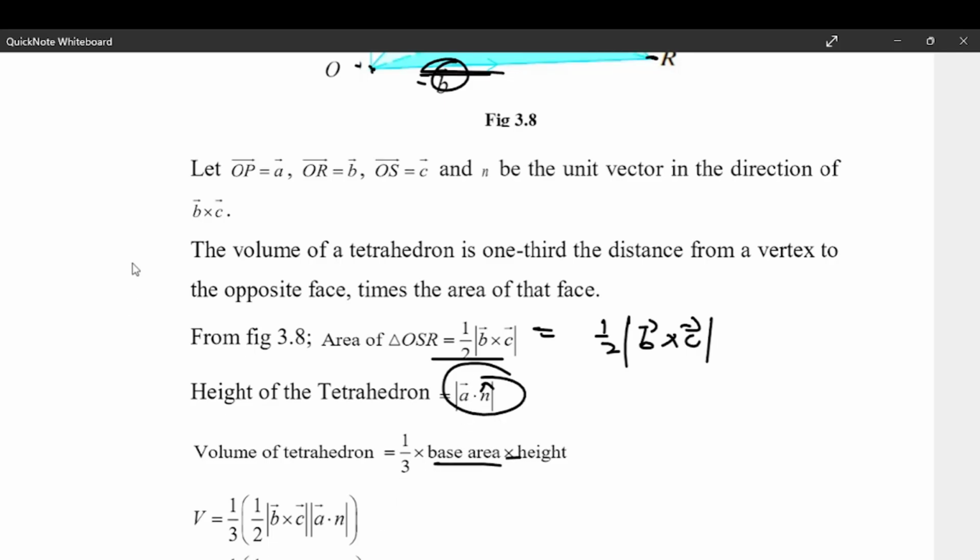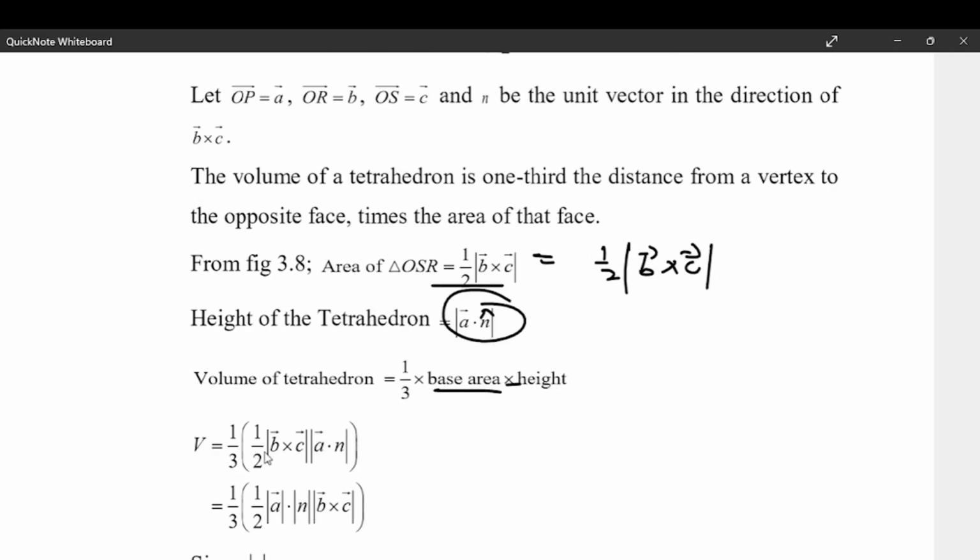So we are going to have 1/3 of half of the magnitude of B cross C times A dot N.